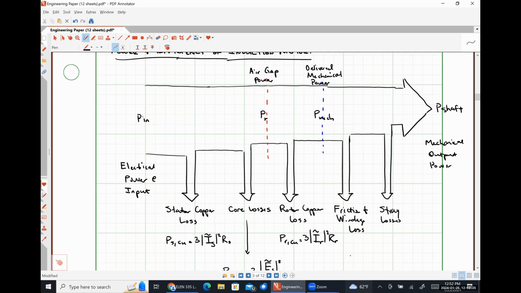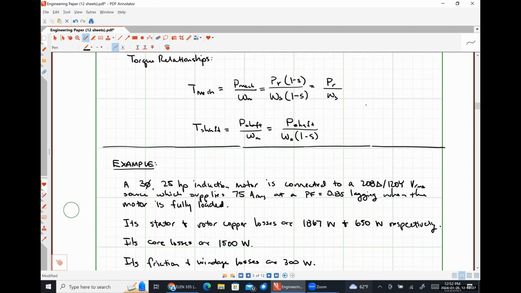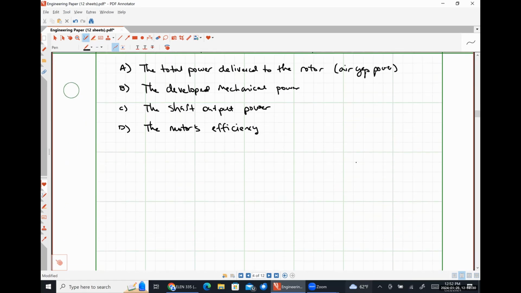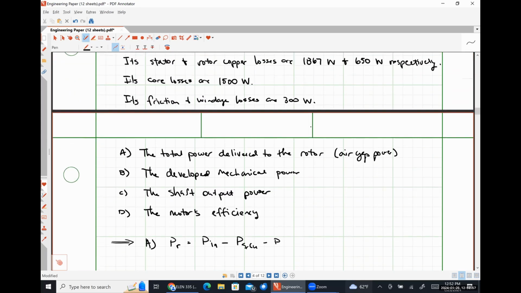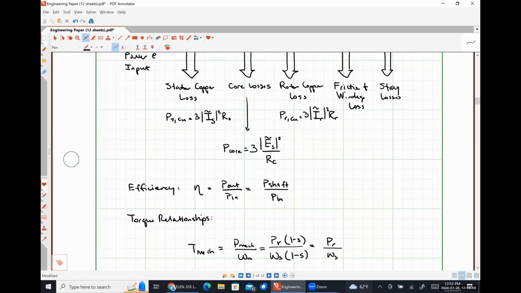Okay. So I'm going to write that down over here. So P sub R is going to be P in minus P stator copper, minus P core, I think is what I had it labeled as up here. Let's scroll up. Yep.